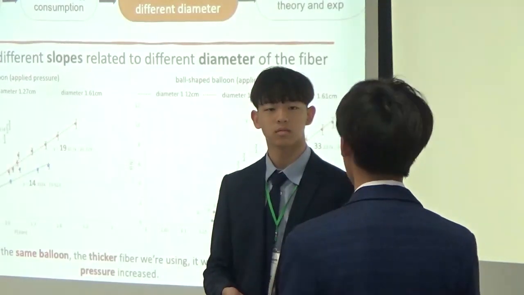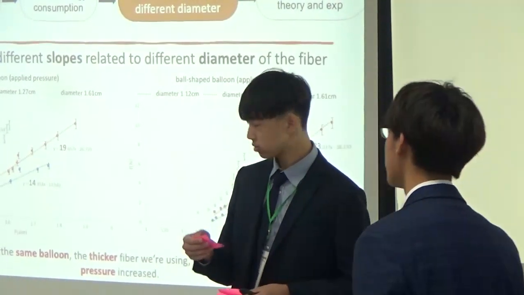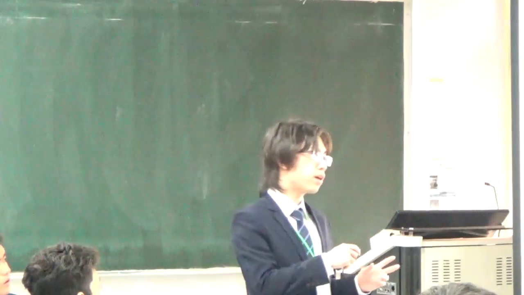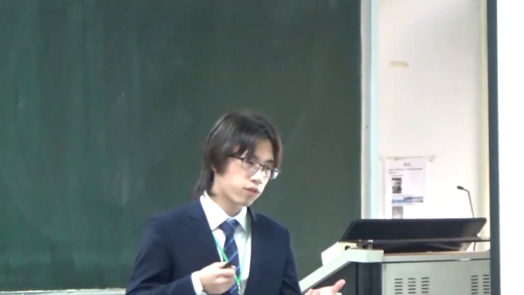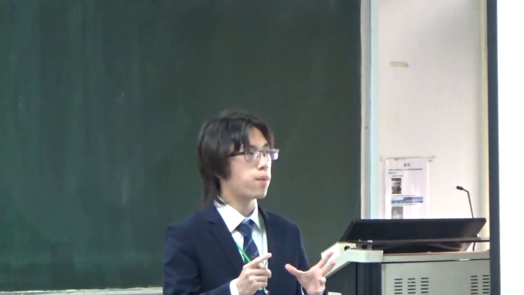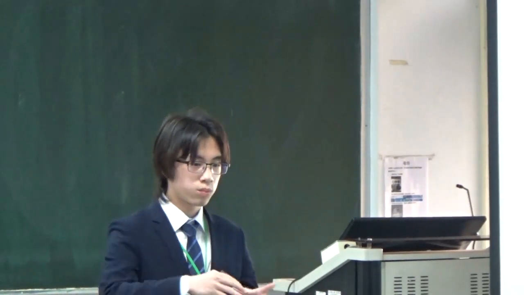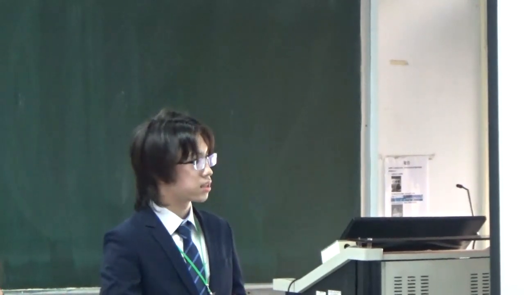The temperature in our experiment will affect the muscle energy consumption. It is because when we inflate the balloon, the temperature will go up, but the temperature always wants to become the same as the place that we're in. So it causes our energy consumption in our experiment.